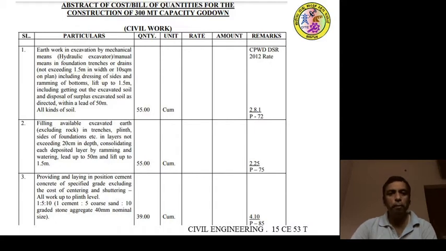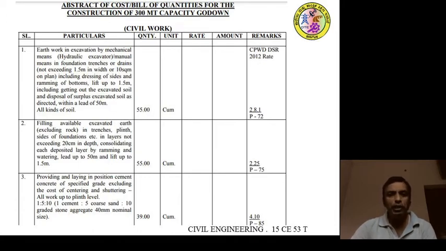Next to the particulars column, it shows the quantity of earthwork excavation as 55 cubic meter, with the unit already mentioned in the next column. The quantity will be 55 cubic meter, and the rate and amount columns will be kept blank. This rate and amount will be filled by the contractor.